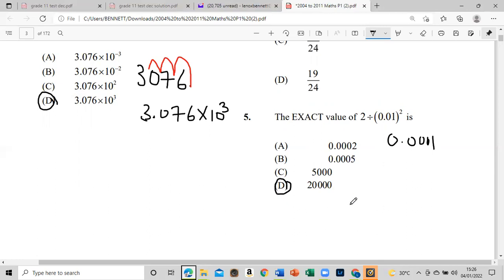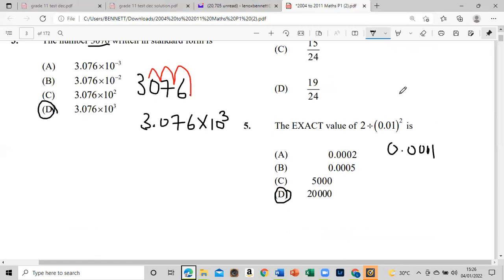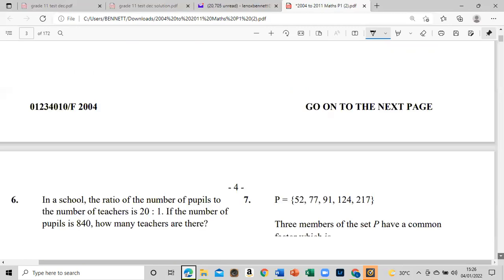Common sense that. But you guys can work it out. It's supposed to have 4 decimal places. When you square it, because it's a 2, it's supposed to have 4 decimal places. Common sense, alright? Number 6 now.